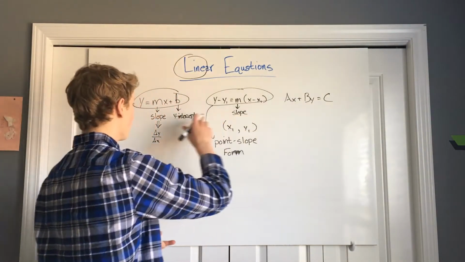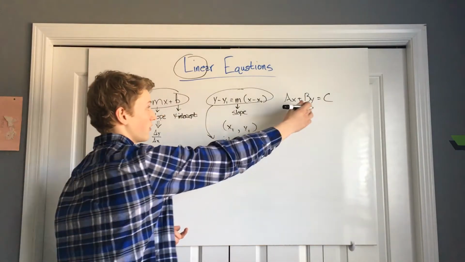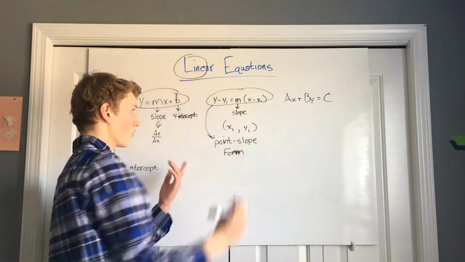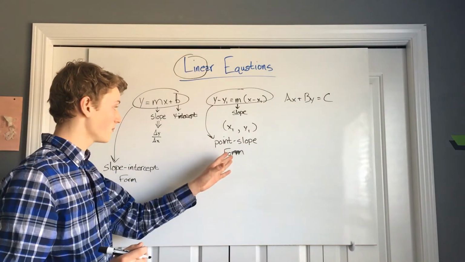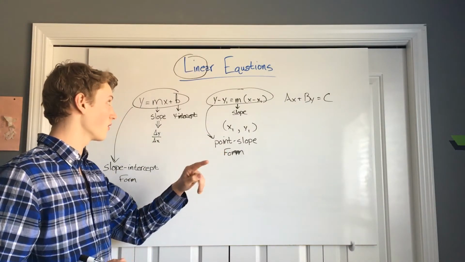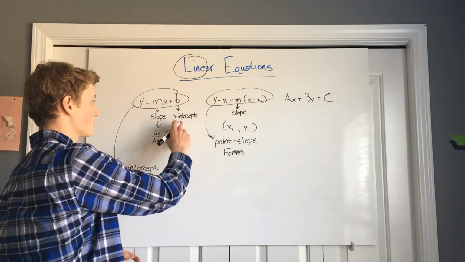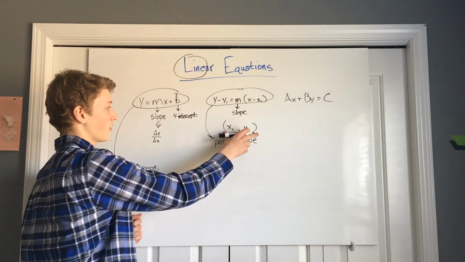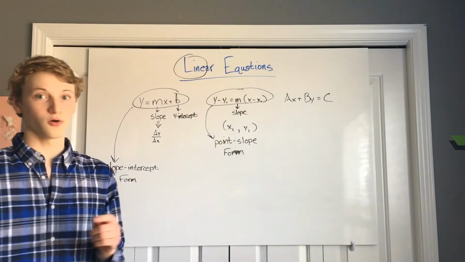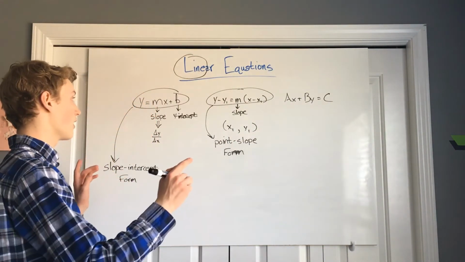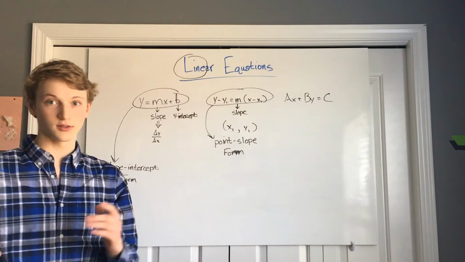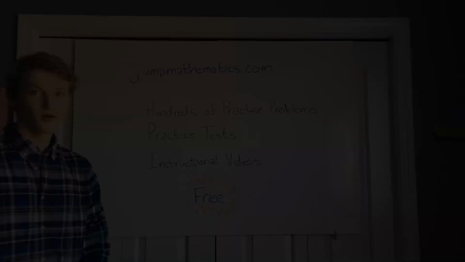This is a rearrangement of that, or you can rearrange this into that or that. All of these, if you know one point on the line, whether it's the y-intercept or a point like this, and if you know the slope, or if you know the standard form, then you can just change it into any form that you want.